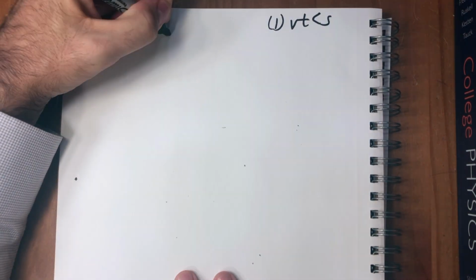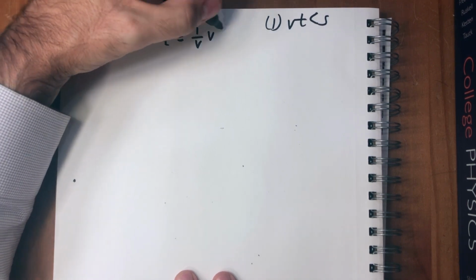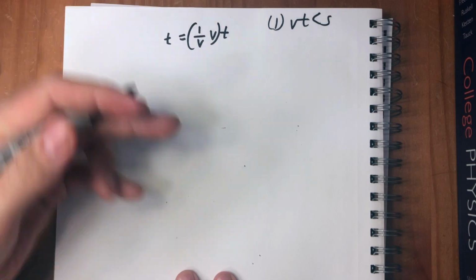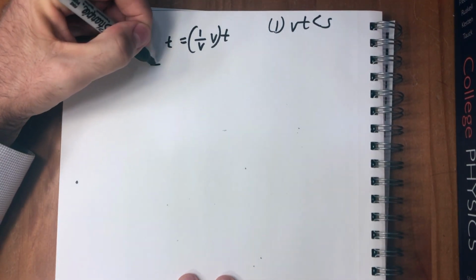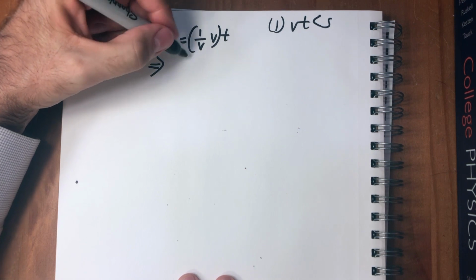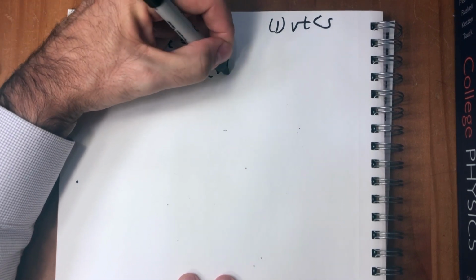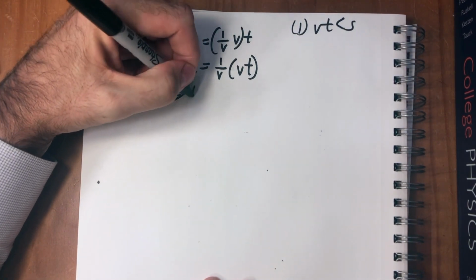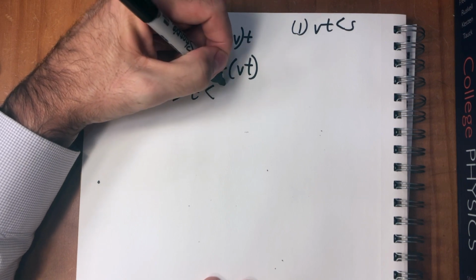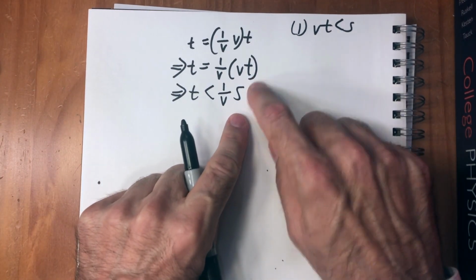Now, we also have that T equals 1 over V times Vt, right? That's just the inverse property. That means that T is less than 1 over V times S, because Vt is less than S, so this has to be less than this.